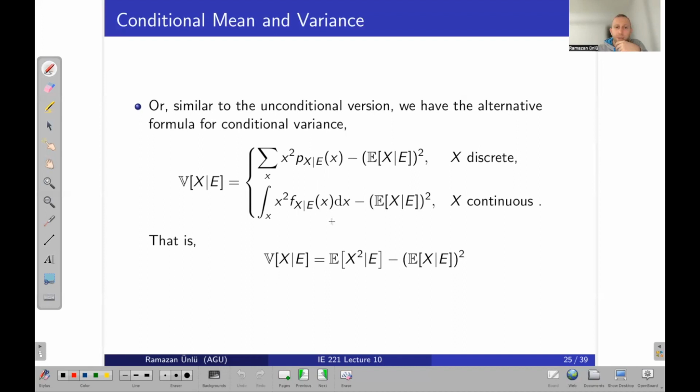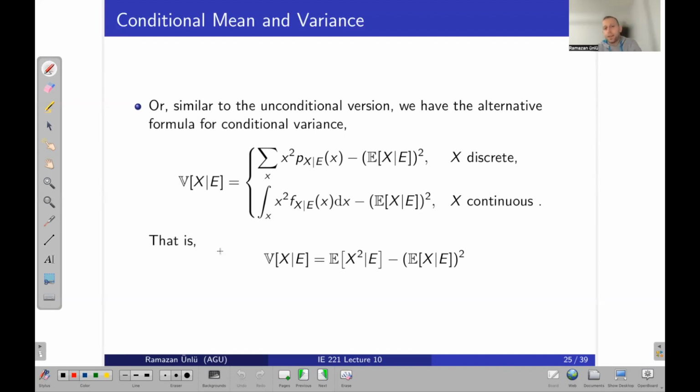For the continuous case, the variance will be the integration of x squared times the corresponding conditional PDF minus the expected value of x given A, squared.